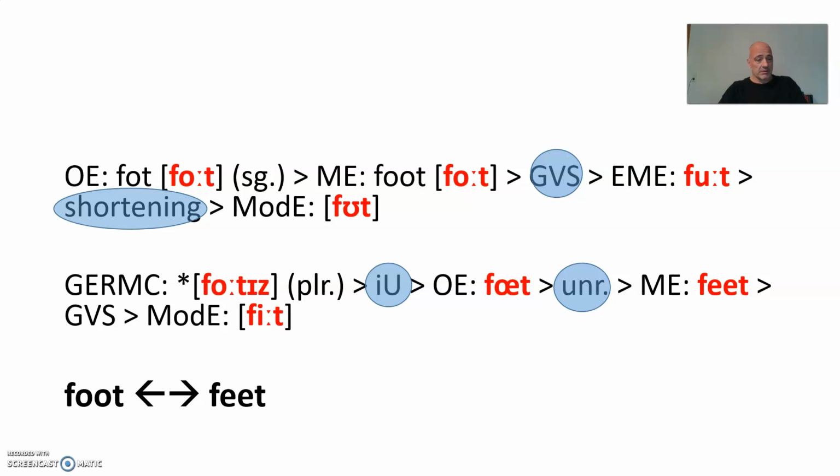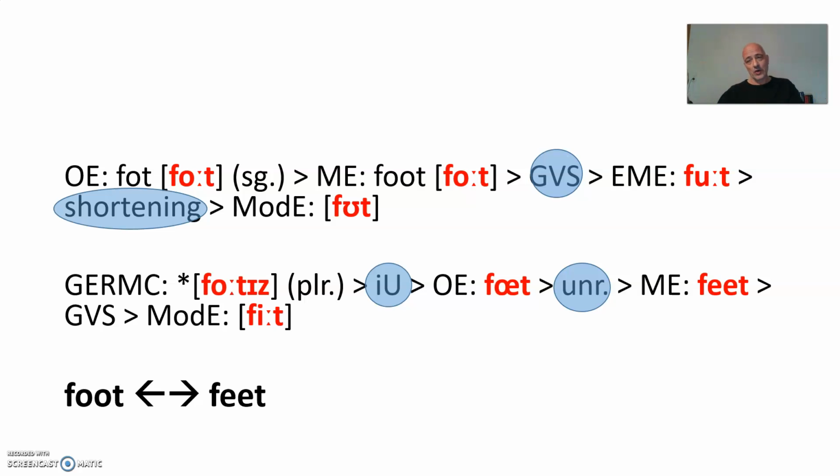The plural is the problem once again. Germanic, the plural must have been something like foti. And there you see the I, and there is the I umlaut. And then in Old English you have fet. And if you unround this, it becomes fet in Middle English. And this is what we still spell. Fet.